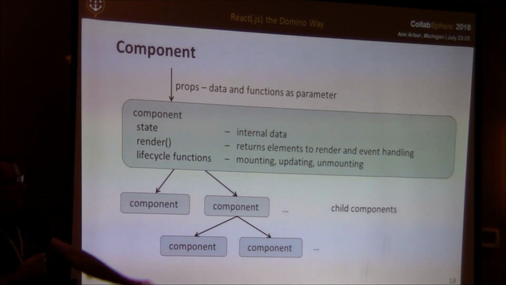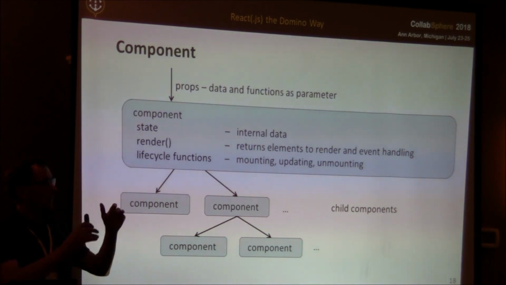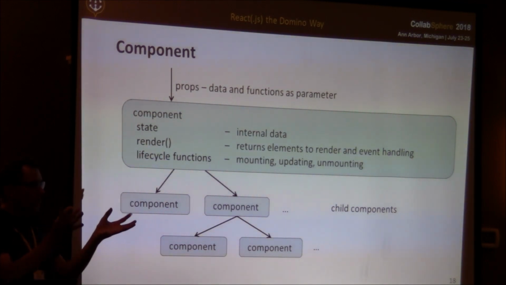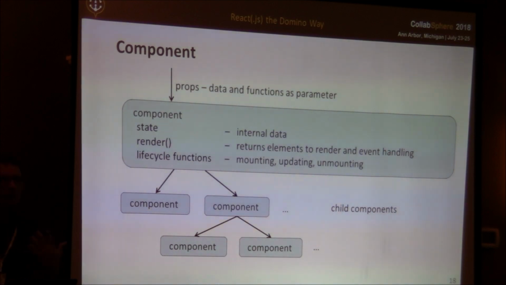Then there is almost always a render function, and this renders the DOM elements. And you have life cycles like mounting, updating, unmounting. You can do things at these moments.